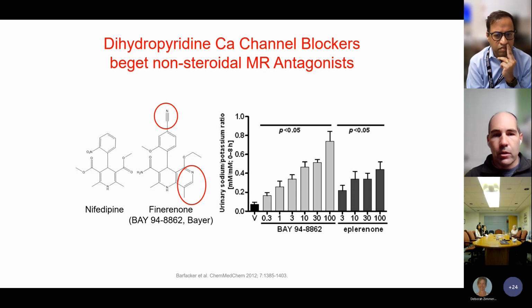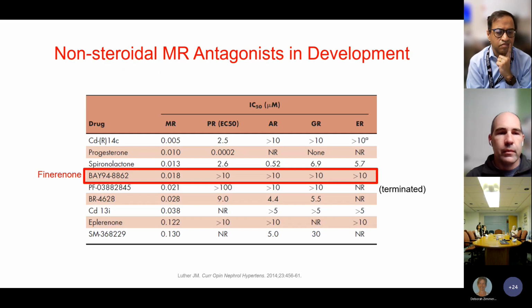And it's a specific antagonist. This is looking at physiologic markers, so the urinary sodium to potassium ratio. It's pretty potent at higher doses. It seems to have a higher ceiling than eplerenone does for this, actually. So it's potent, and in other studies, they show that it's specific.